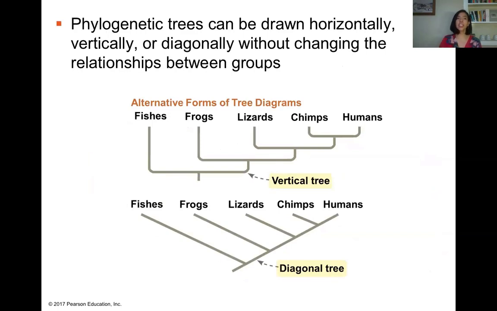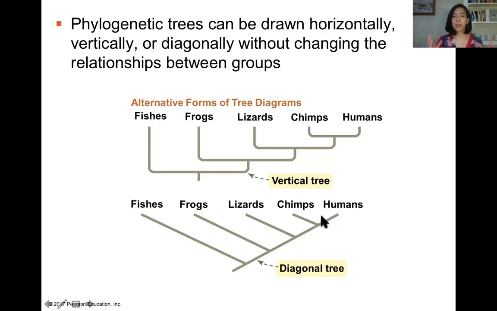The other consideration is that there are more than two ways to represent phylogenetic trees. One can be horizontal and the other vertical or diagonal. In this case, we have this vertical tree. Again, chimps and humans are the sister groups. And in this diagonal tree, we still have the same relationships, with chimps and humans being the sister taxa.